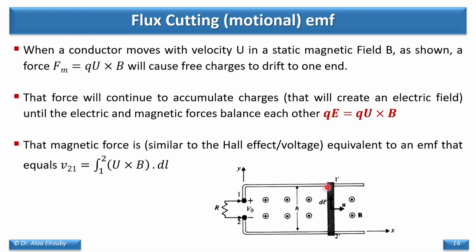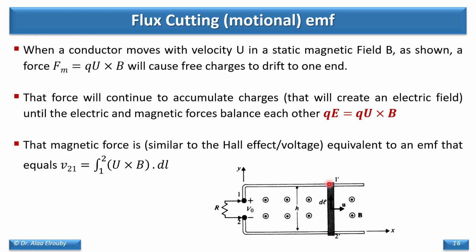When we have this situation, there will be some charges, electrons, accumulated on this side of the conductor, and they are leaving holes on this side of the conductor, which will create an electric field in that direction.